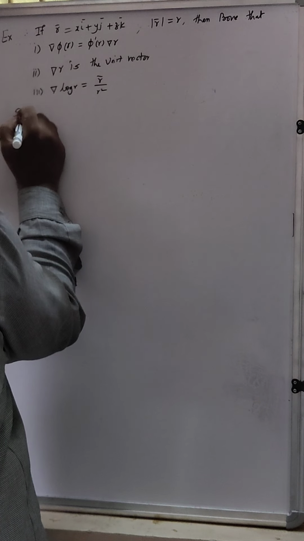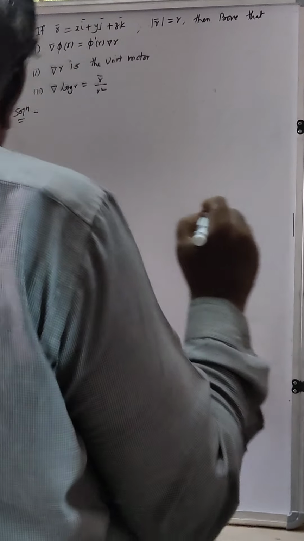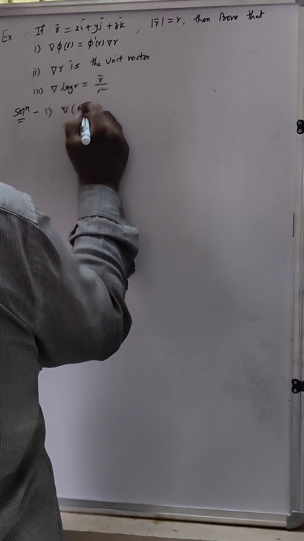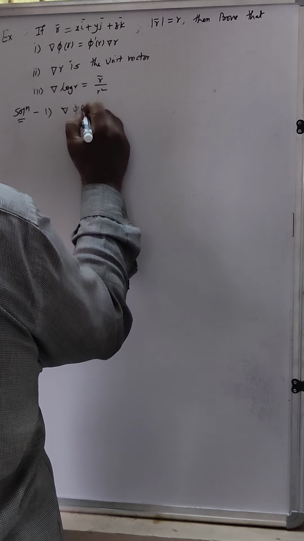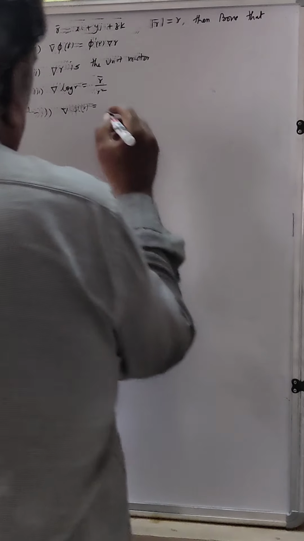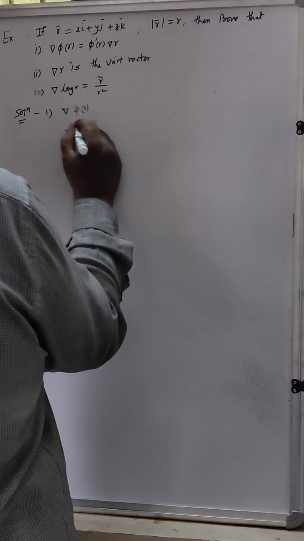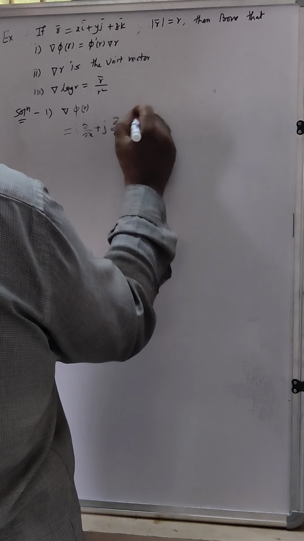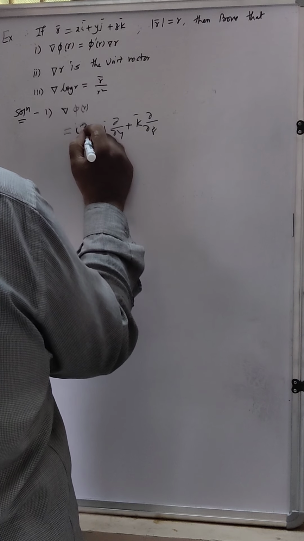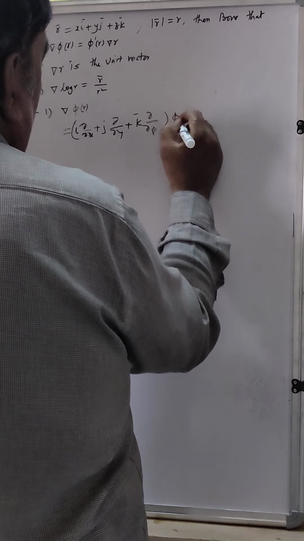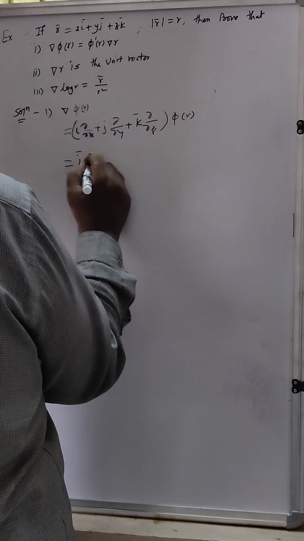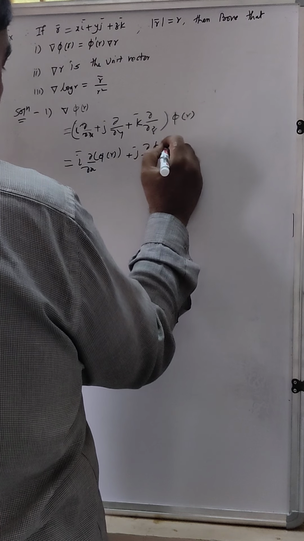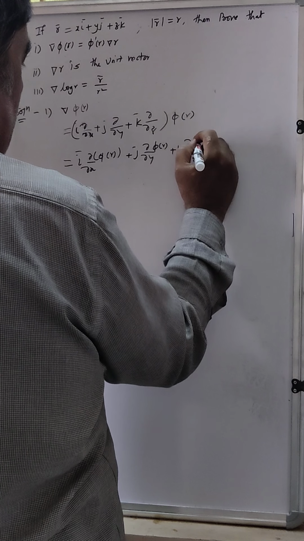Solution: first, del phi of r is equal to i ∂/∂x plus j vector ∂/∂y plus k vector ∂/∂z of phi r, is equal to i vector ∂/∂x phi r plus j vector ∂/∂y phi r plus k vector ∂/∂z phi r.